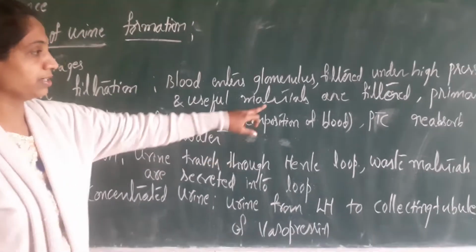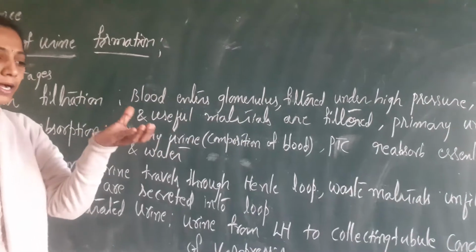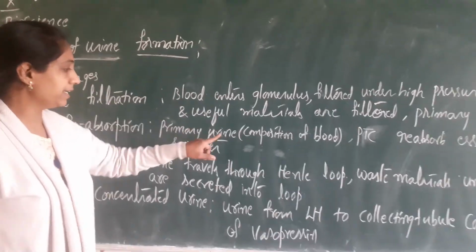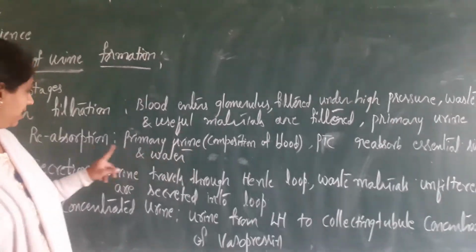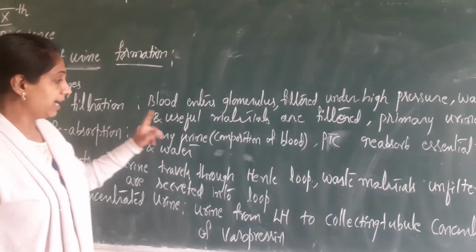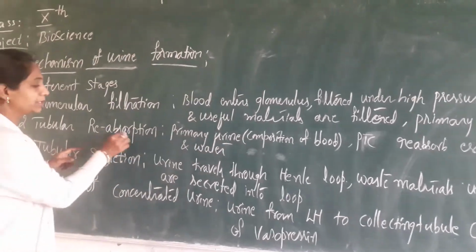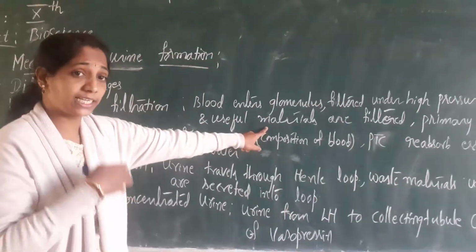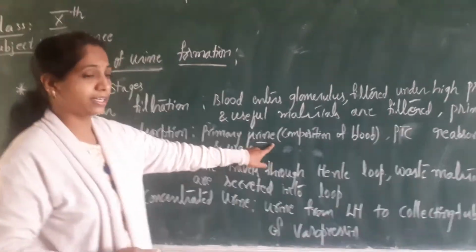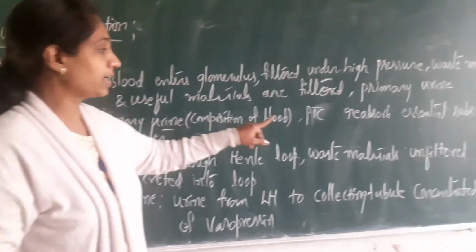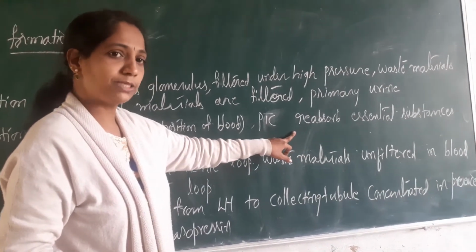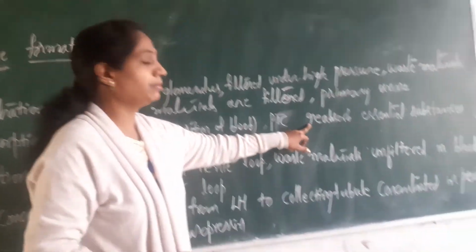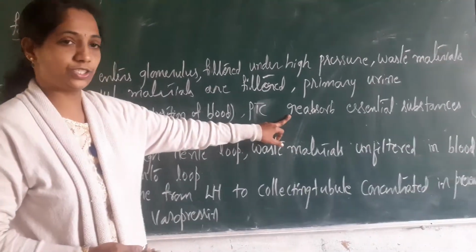The primary urine from the glomerulus, from the cup region, Bowman's capsule, enters the renal tubule. And here can you see reabsorption? Absorption has occurred, but again reabsorption, the second stage, will occur from the primary urine. Whatever useful materials are present are reabsorbed in the second stage.